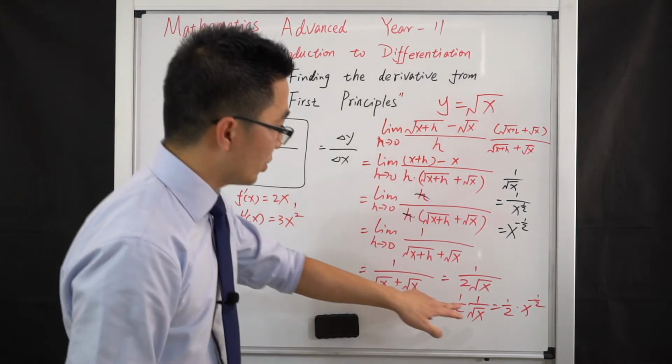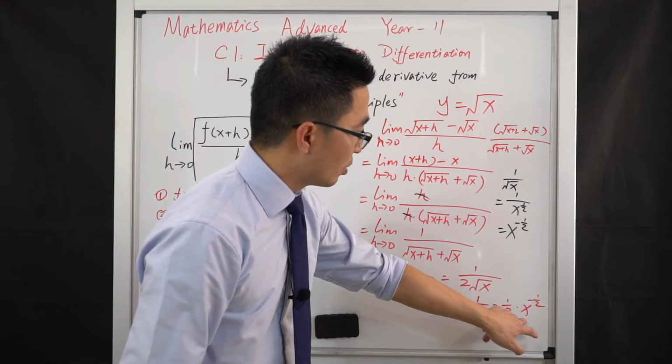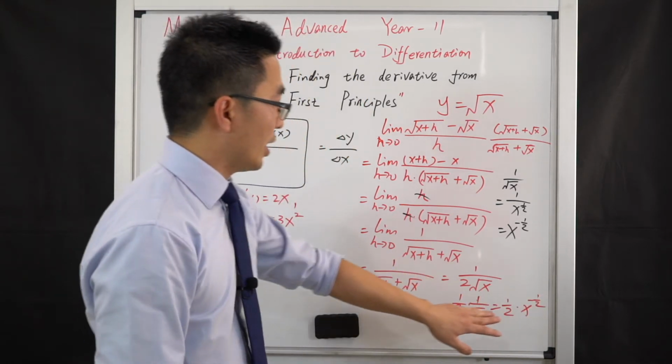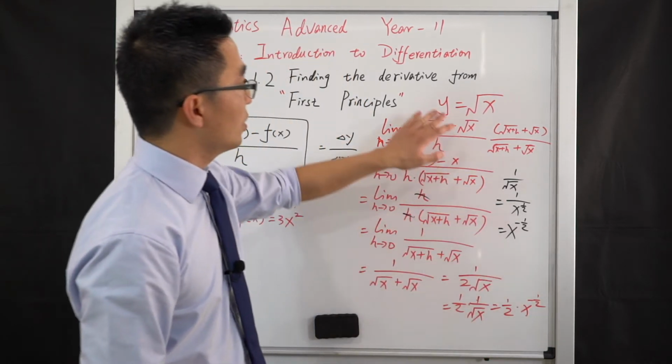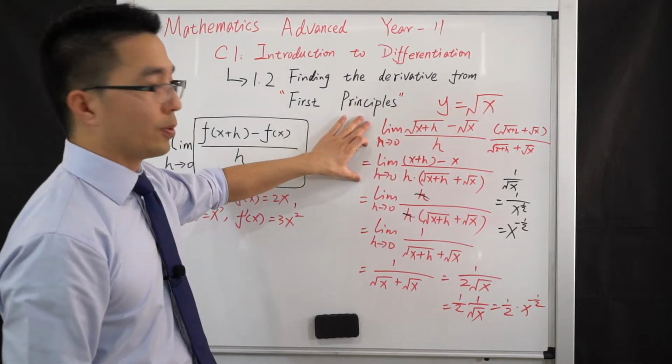So eventually we find half times x to the power of negative half as the derivative of the function y equals the square root of x from first principles.